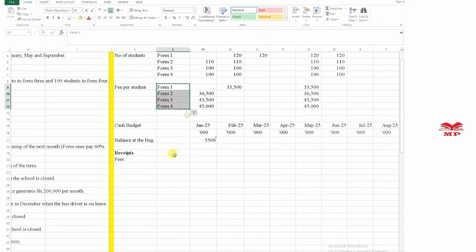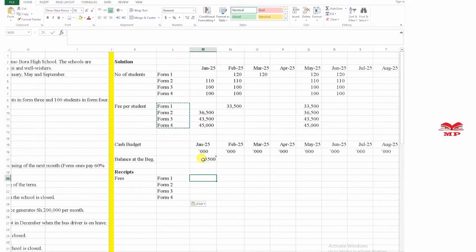So copy. And we can see that for Form 1, we don't receive it in January. Why? Because they join at this point over here. So Form 1, we are saying they join in February.